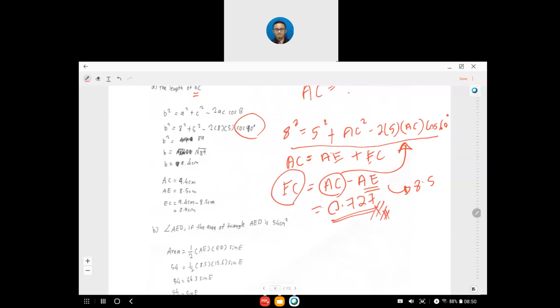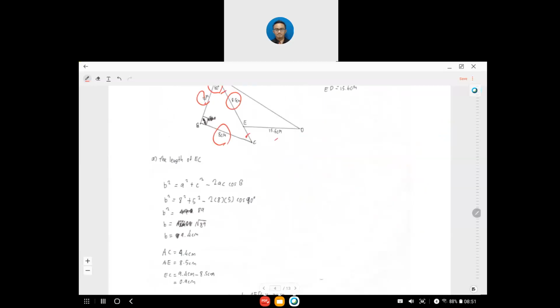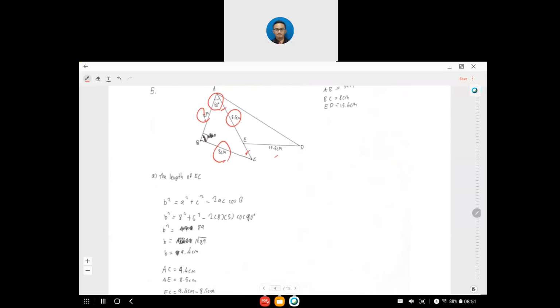Muhammad Haikal, did you get it or not? 0.727. Haikal? Okay, I repeat. Because you have the angle 60, you must use this angle 60 as A. So you cannot use this formula.